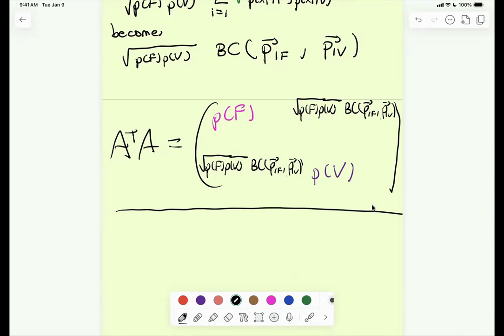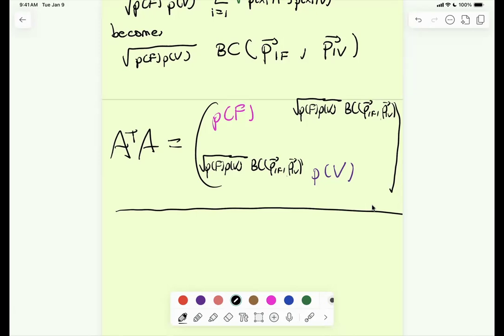If you want to find the overlap, take those terms out, because you can read off the P of F and P of B from the diagonal. So essentially it's the BC coefficient, because the other part can be removed quite easily since you have the diagonal information.